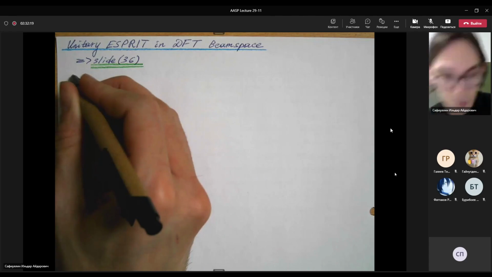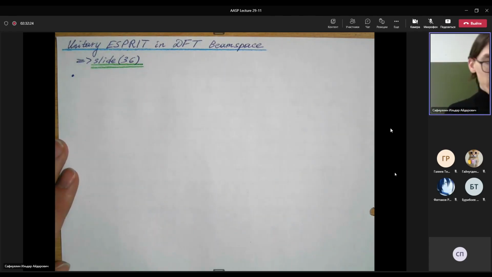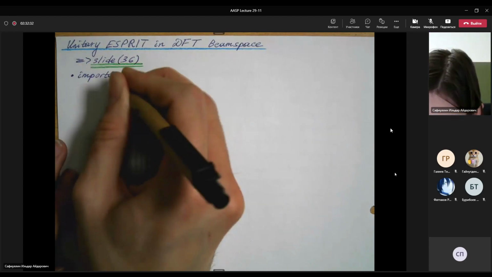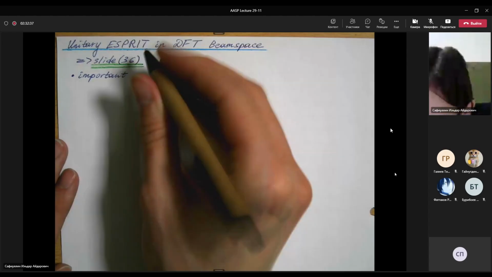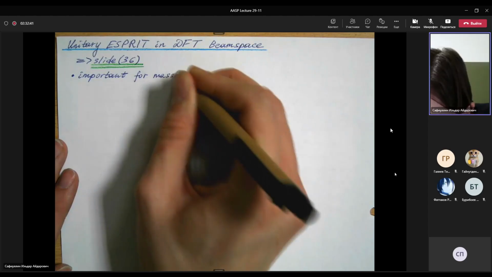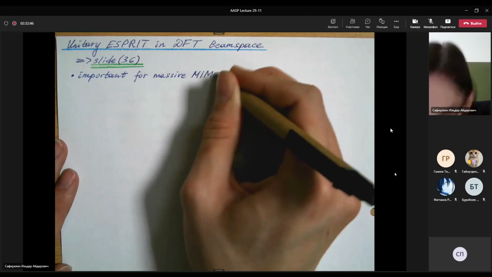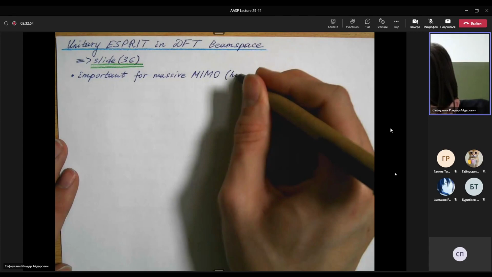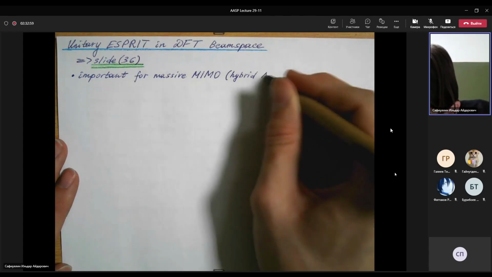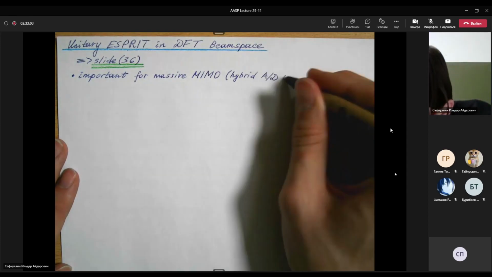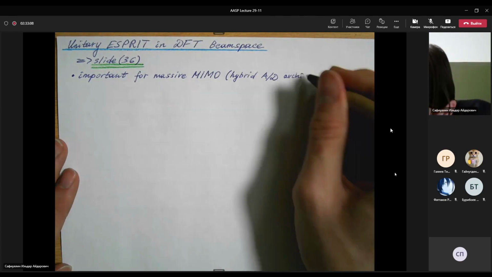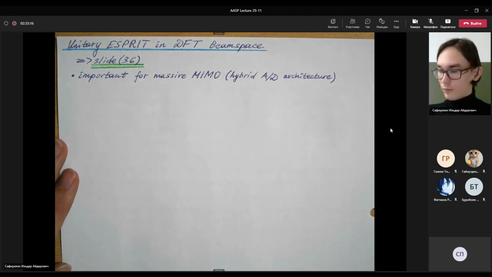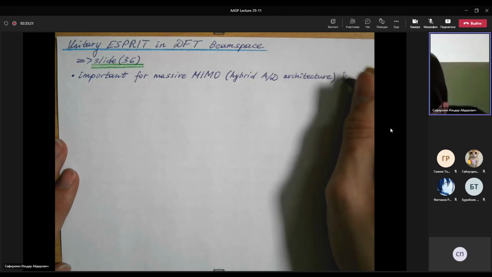Point number 1: this type of ESPRIT algorithm is important for massive MIMO, which means we use hybrid analog-to-digital architecture. And also it is important for radars.